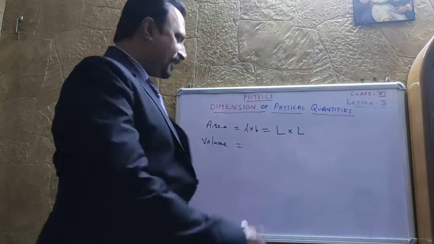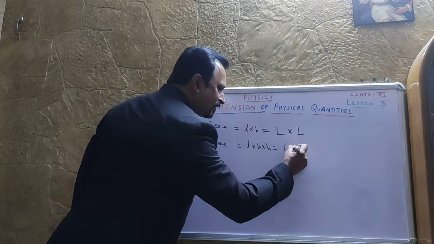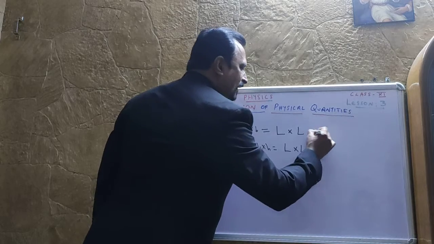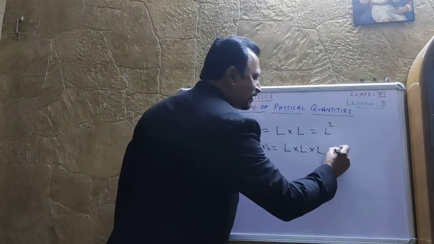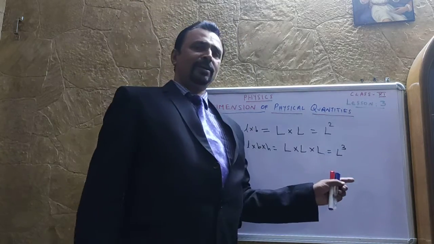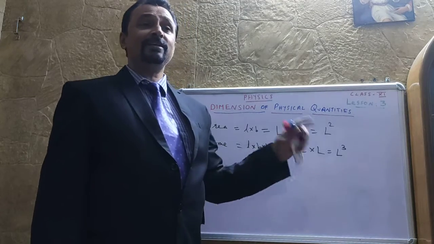Then similarly you apply to volume. Volume of this room: length into breadth into height. How will you write that now? Length into breadth into height is equal to length into length into length, because breadth is also a length and height is also a length. So length square for area and length cube for volume. Yesterday I told you the main fundamental quantities for class 11th: mass, length and time.